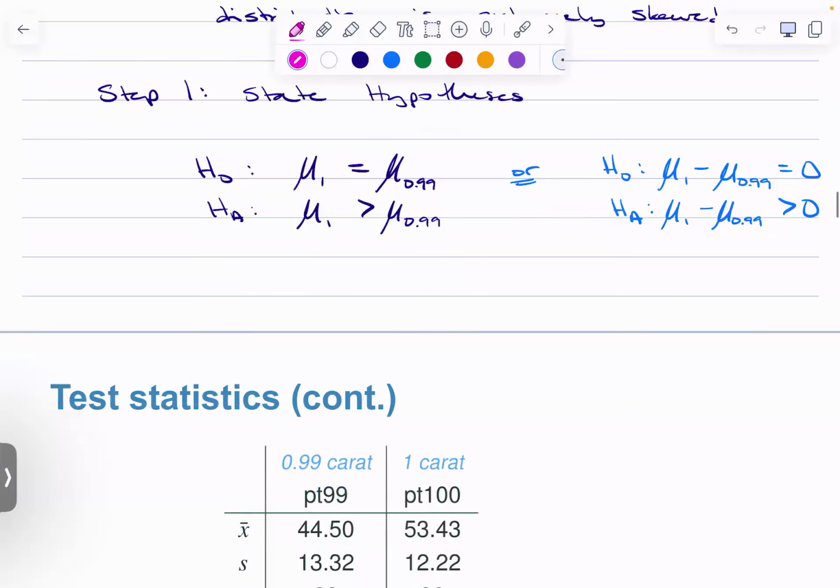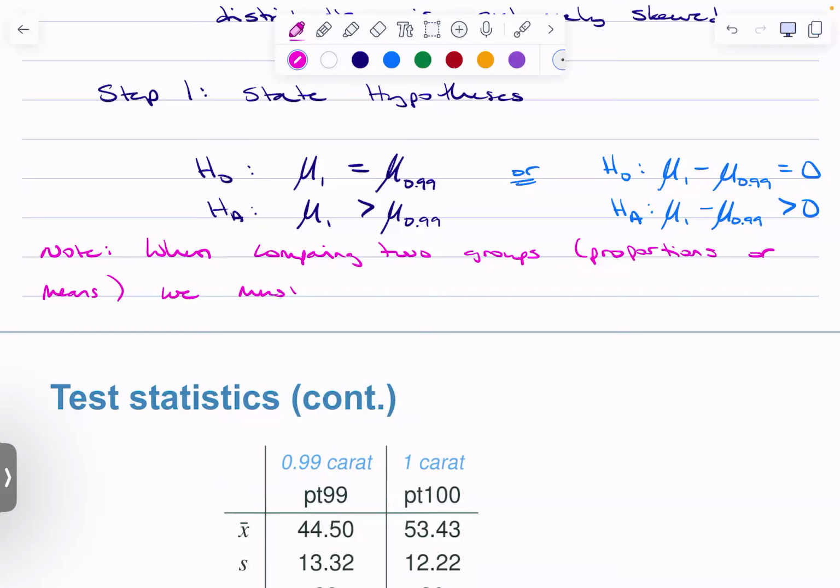I will make a note here. If we're talking about two groups, two sample proportions or two sample means, we have to use question-specific subscripts. When comparing two groups, that can be either proportions or means, we must use question-specific subscripts.